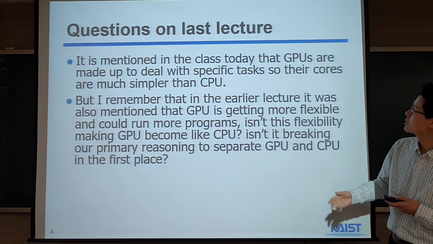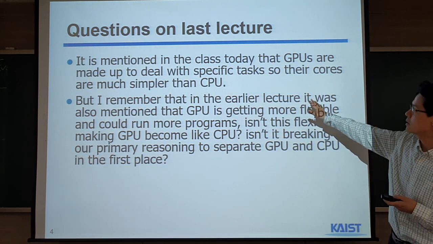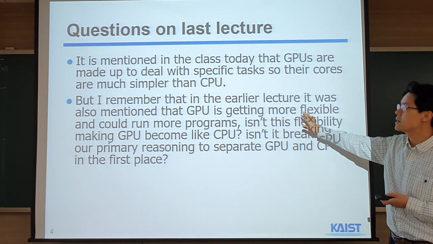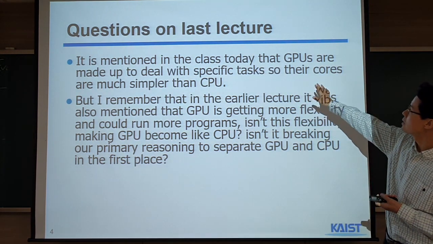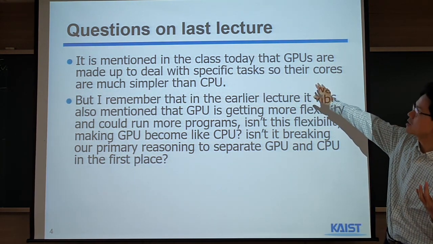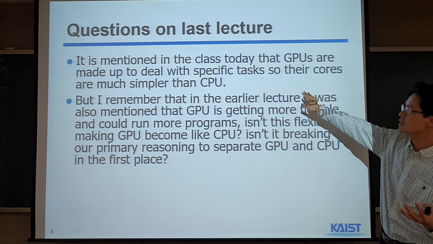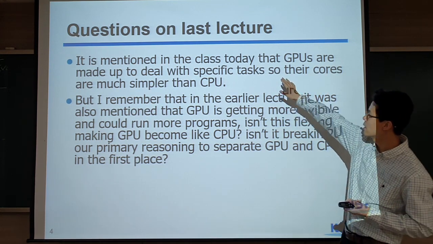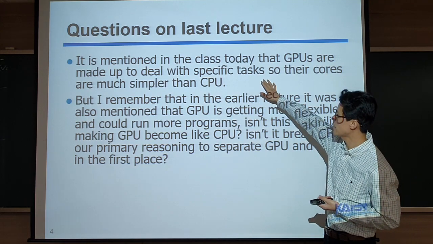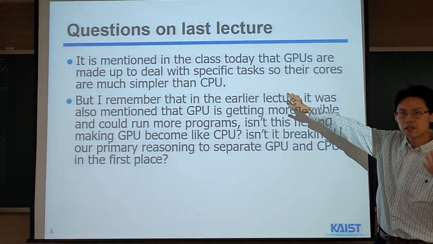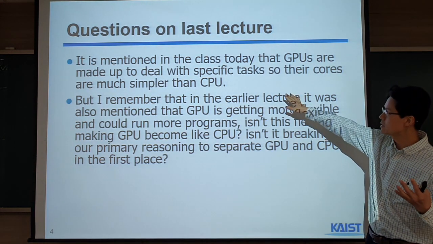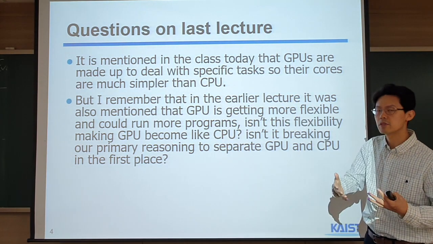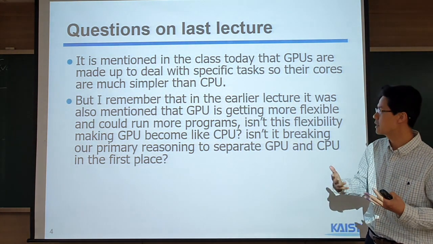Also, one of you got a very interesting observation. I mentioned that the GPU was designed initially to deal with this specific task, right? As a result, the GPU is much simpler than the CPU, and it can be parallelized better than the CPU, right?